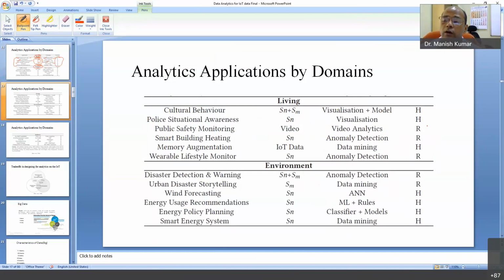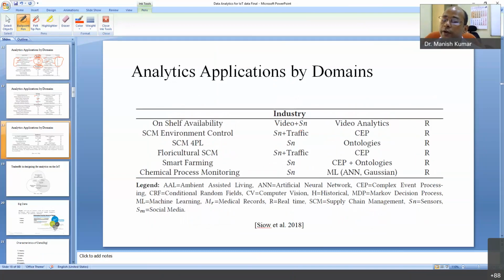Then in day-to-day environments like home and building monitoring, people have used sensors, videos, and IoT data.